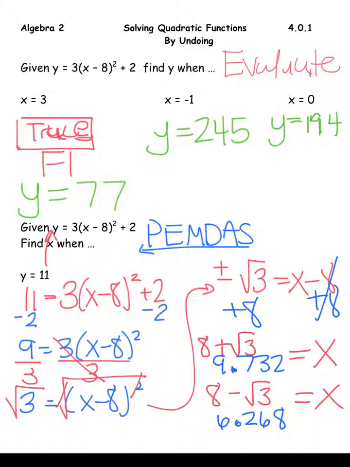All right, let's try another one. Given y equals 3 times x minus 8 squared plus 2, find x when y equals 36. So that 36 needs to go in for y.